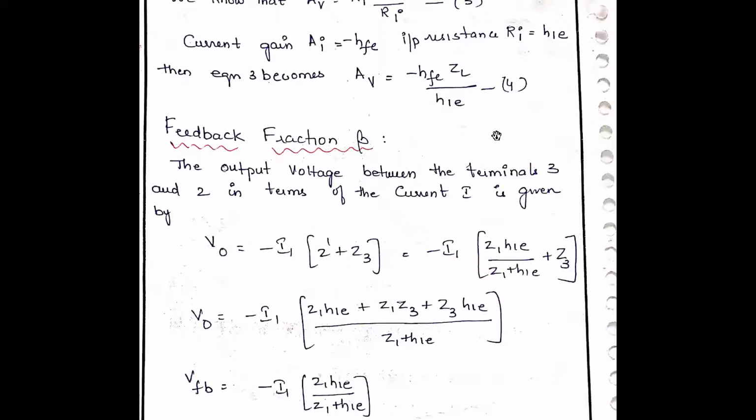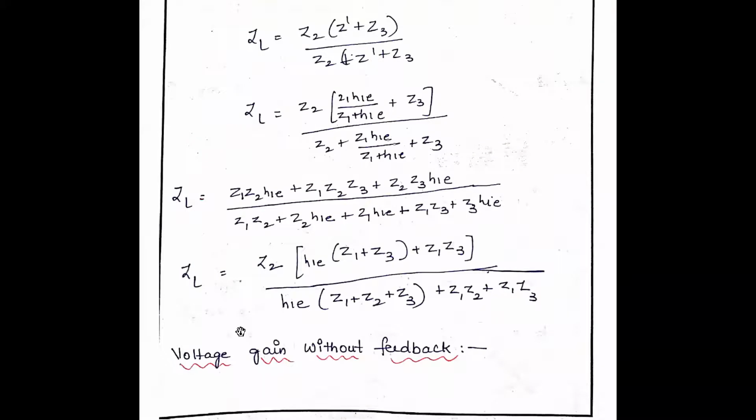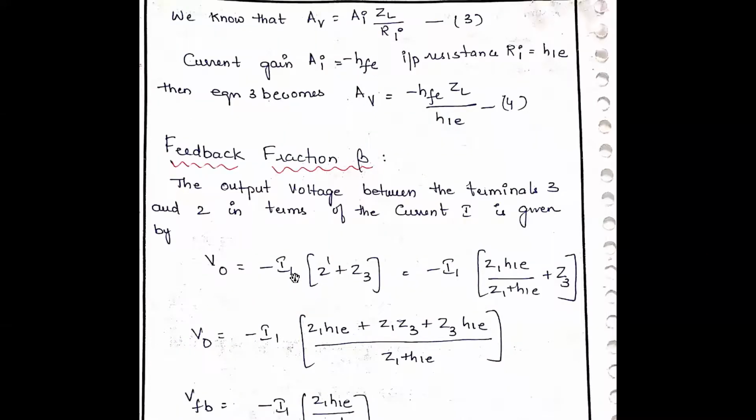Now it becomes very easy. We already got the lengthy ZL expression. If you multiply by minus HFE and divide by HIE, we get A. The condition is A beta equal to 1.